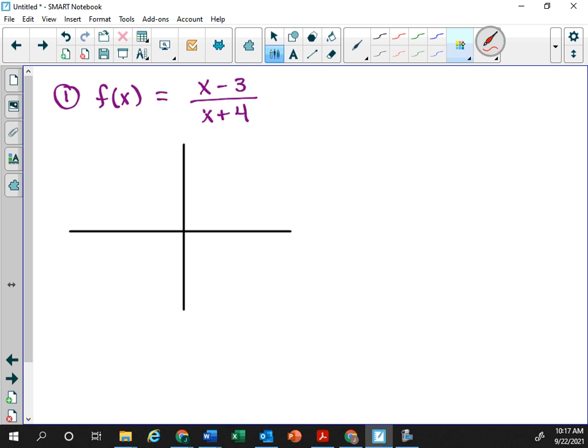I'm also going to list over here on the side all the pieces that we have to find, the things we need to run through to see if they exist. So first, what do you think? Is there a hole in this one? No. I'm just going to write none. There's no common factor between the numerator and denominator, so no hole.